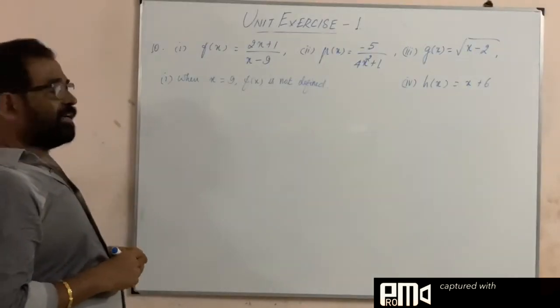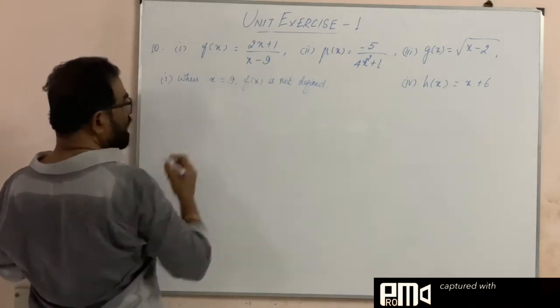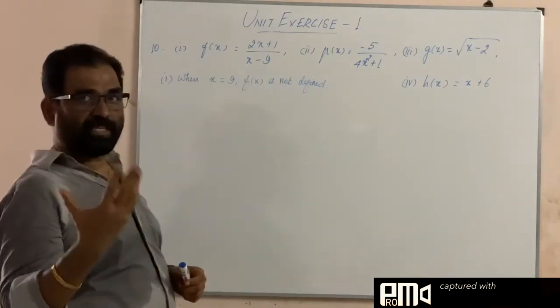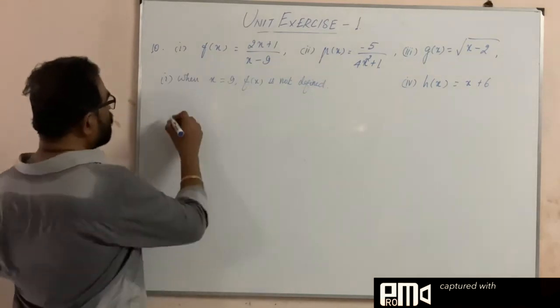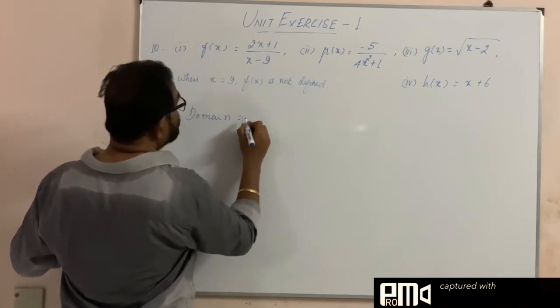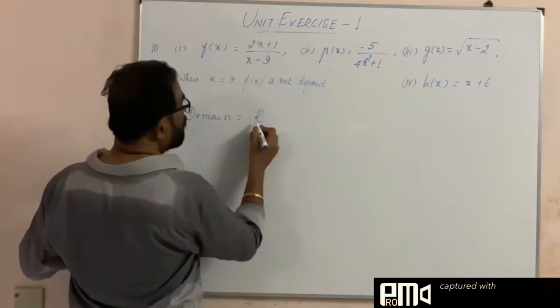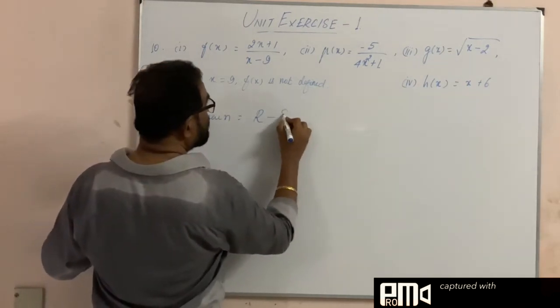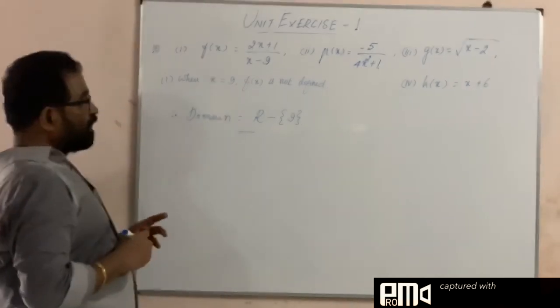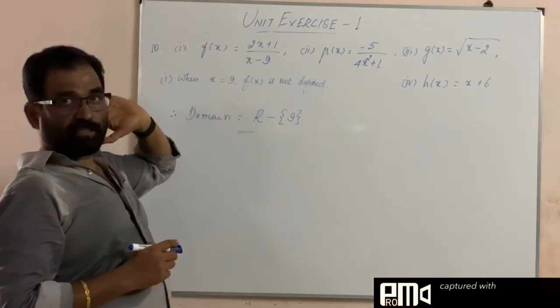Therefore, x can take all the other values from the real numbers except 9. So the domain is all real numbers, R stands for real numbers, except the value 9. When you give x equal to 9, this does not exist.